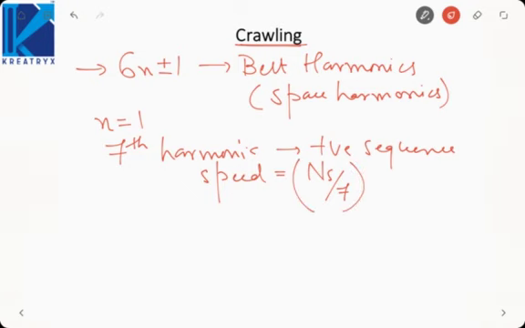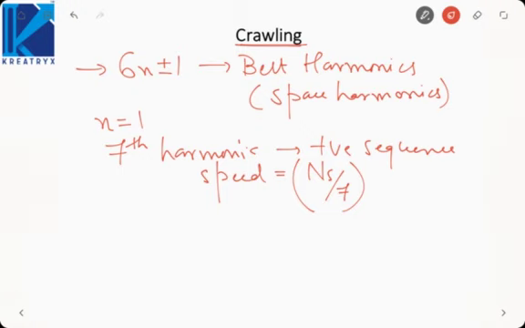The speciality of belt harmonics is that the synchronous speed of a belt harmonic is the synchronous speed divided by the order of the harmonic. Why is it so? Because the higher the order of the harmonic, the higher the frequency of current reversal. And as the current reverses, poles are created. As I told you in the pole changing technique, between two oppositely current carrying coils, there is always a pole.